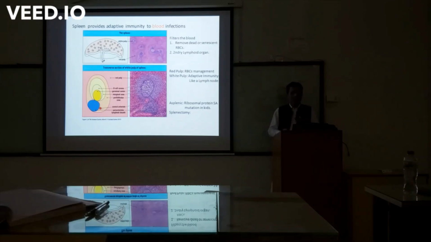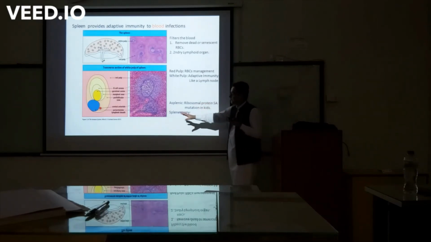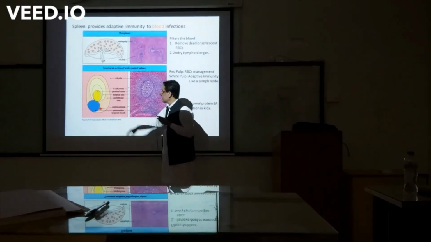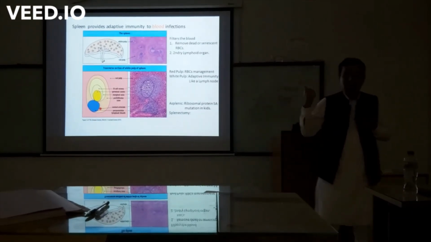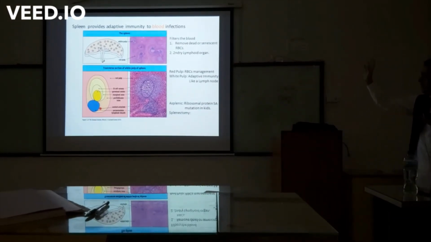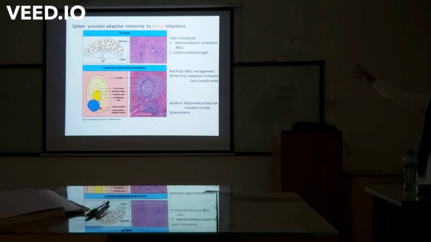So this is another structure which is a secondary lymphoid organ, and it is very important for development of the adaptive immune responses. The T cells and B cells are found in these areas; the white area is for the B cells and T cells. The red area is for RBCs.